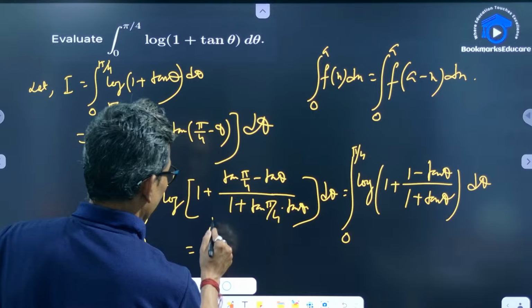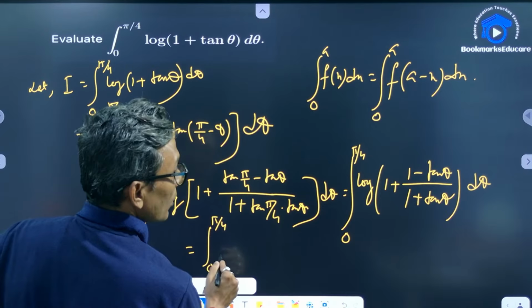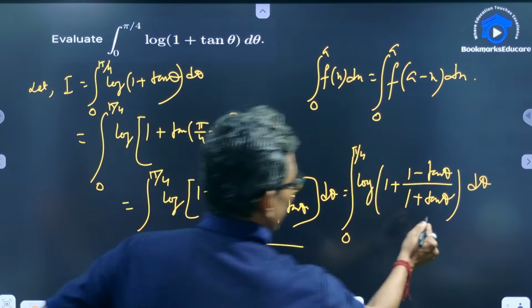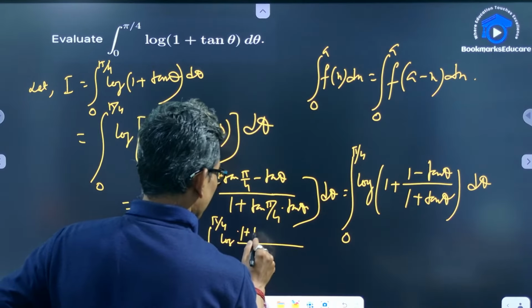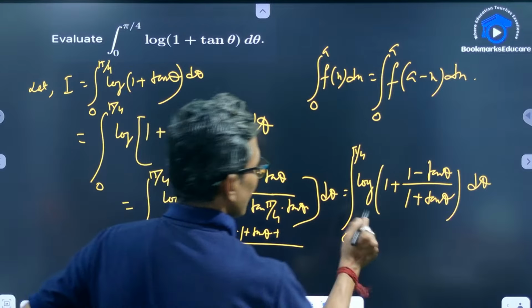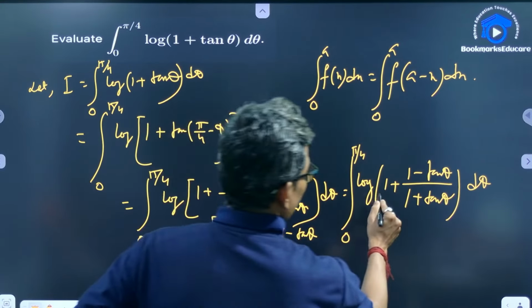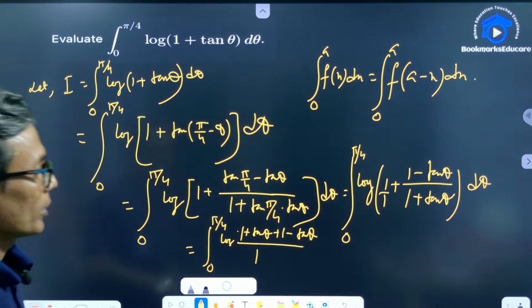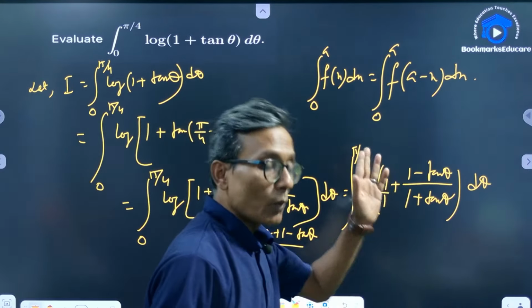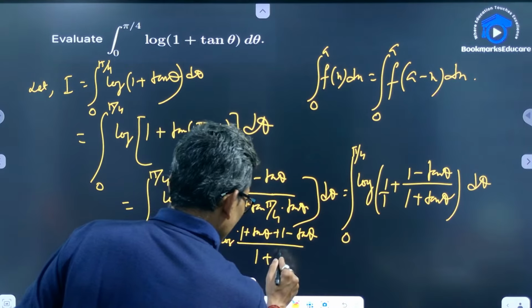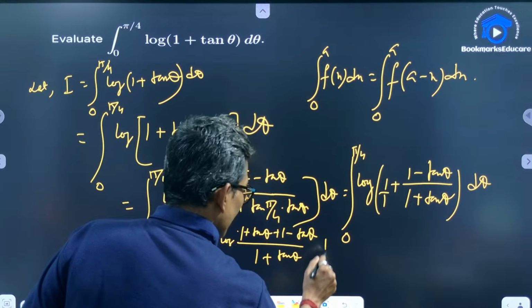So 0 to pi by 4 log of 1 plus tan theta plus 1 minus tan theta by 1 plus tan theta. एलसीएम कर देता हूं. तो एलसीएम करने के बाद 1 प्लस tan थीटा ही होगा. सो 1 plus tan theta d theta.